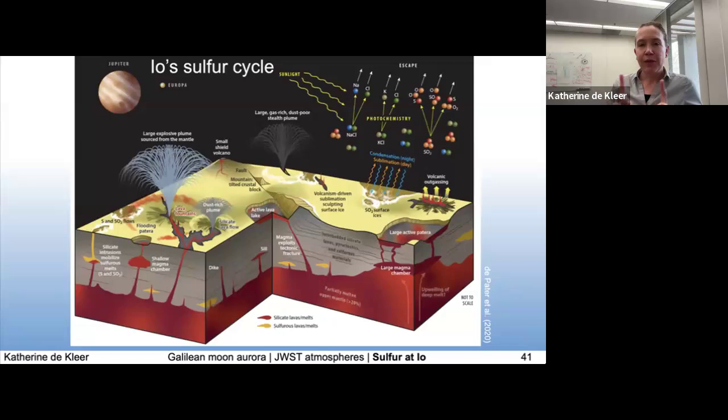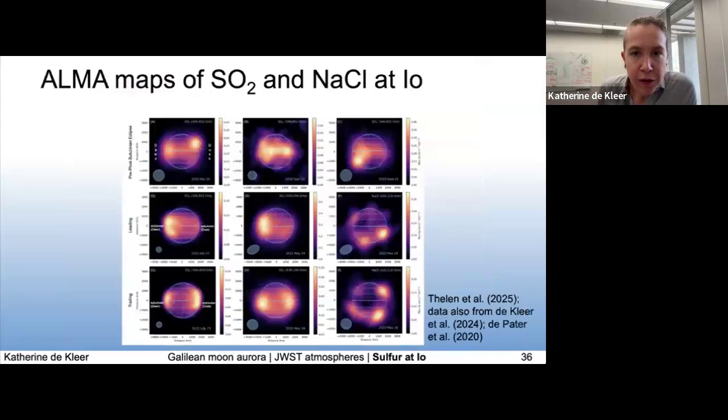But the lifetime of those in the atmosphere is very short, like at most a couple of hours. Whereas the SO2 that gets outgassed will stay in the bulk atmosphere in equilibrium with the surface, the NaCl and KCl are really only present in volcanic plumes. So the one case where I showed NaCl shows up in these blobs because it has to have an active source to be observed.